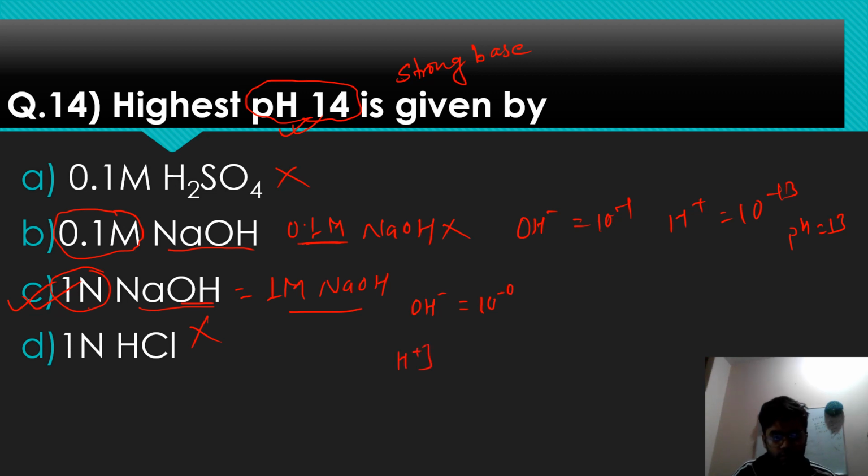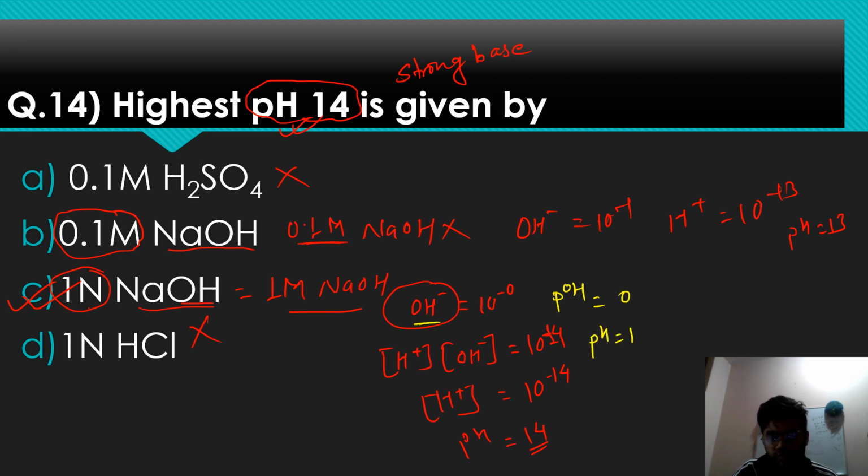H plus into OH minus equals 10 to the power minus 14, so H plus equals 10 to the power minus 14, and we get pH 14. Or we can directly calculate pOH equals minus log OH minus, that is minus log 1, that means 0. So pH equals 14. So the right answer is C.